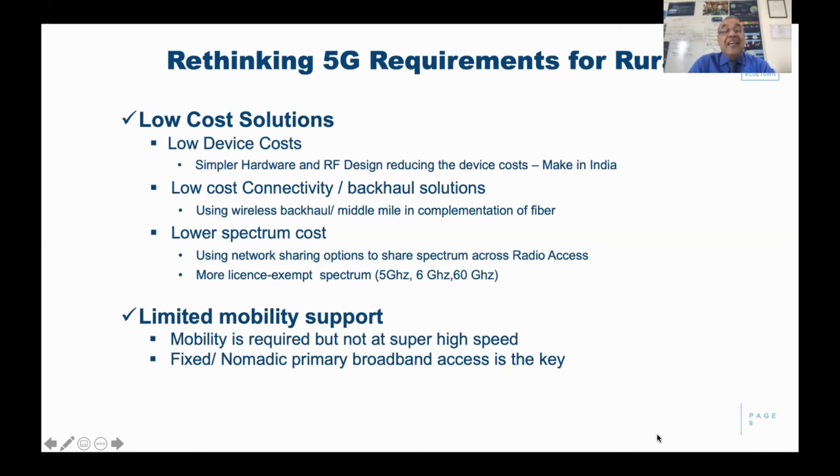And then there is limited mobility support. So we don't need the autonomous car here. We don't need a mobility of 200 kmph or more, actually, not the super high speed. What we need in rural areas is basically a primary broadband access which can be fixed, nomadic, or maybe at a low speed.